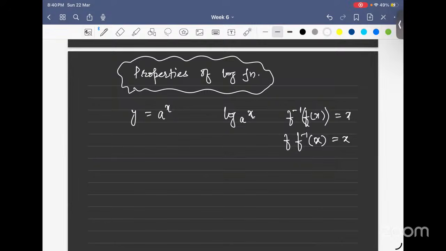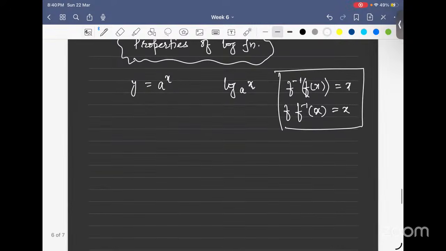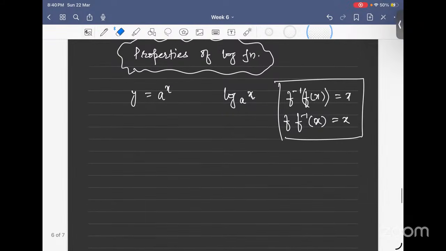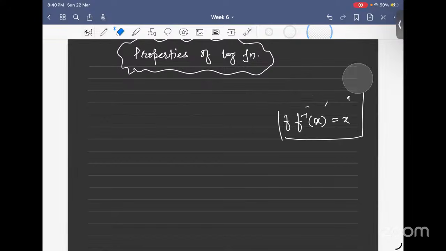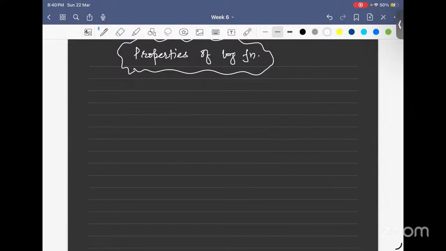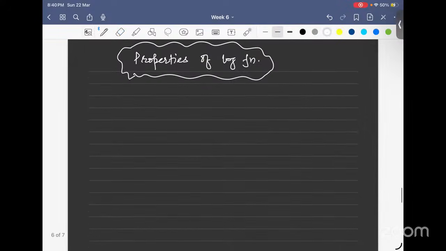Yes, sir. Correct. So if you use this property, you will get to know that, see, one thing first, I'll first write all the properties, and then if you want I can prove it.